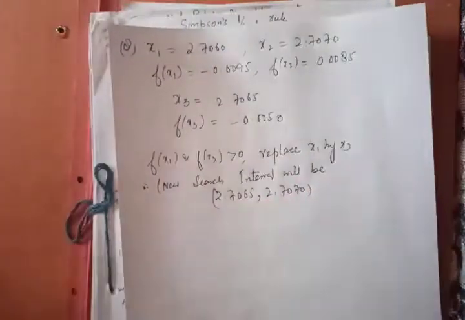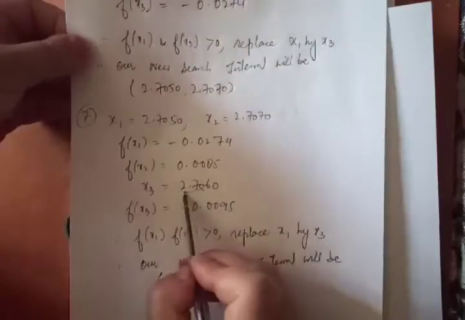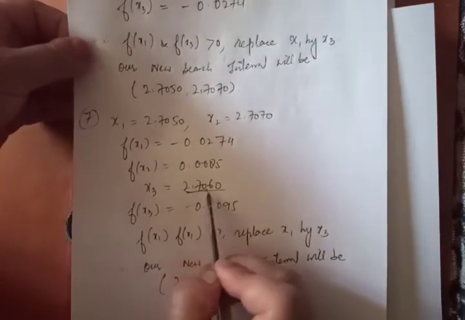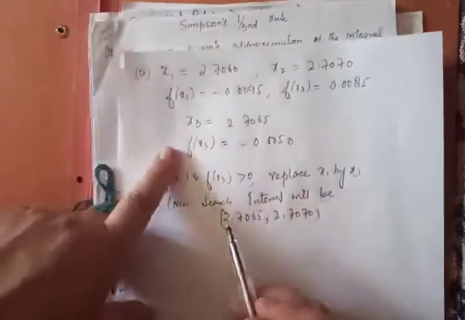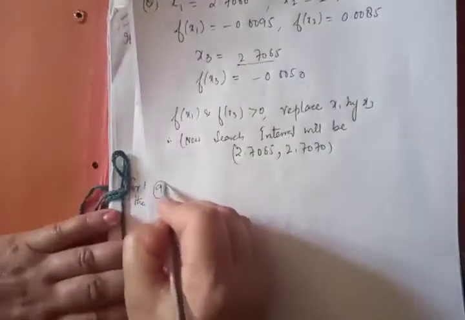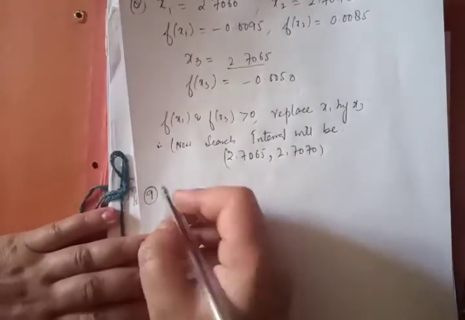Now you can see in our iteration number 7 we are getting 2.706, 4 significant digits. In iteration number 8 we are getting 2.706. Now we will see the last iteration. अगर 9th iteration में भी हमारा यही result आया then we will stop.